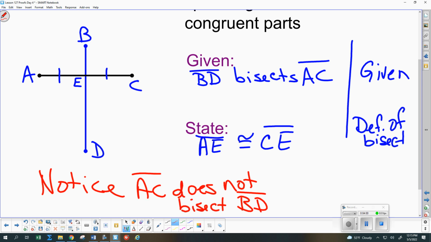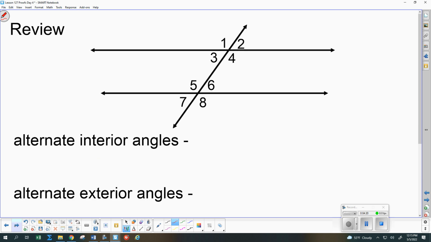Because sometimes in the proofs, maybe it'll end up that they really do both bisect each other, but you aren't given that, and you have to make sure you use the right one. Or maybe they're close, so close that it looks like they bisect each other, but they don't really. Questions with that?